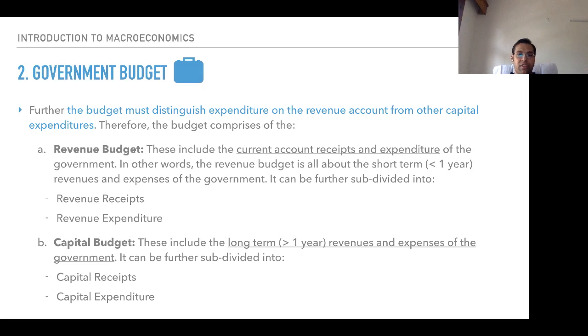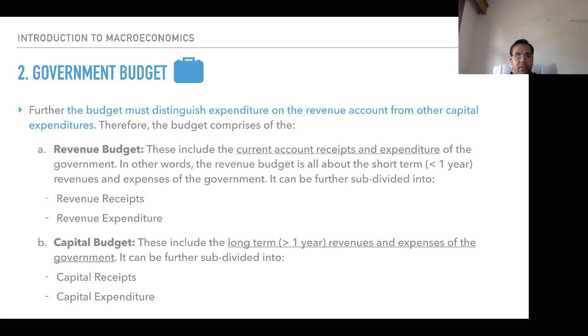Further, the budget must distinguish expenditure on the revenue account from other capital expenditures. Simply speaking, budget is a summarized version of revenues as well as expenditures.